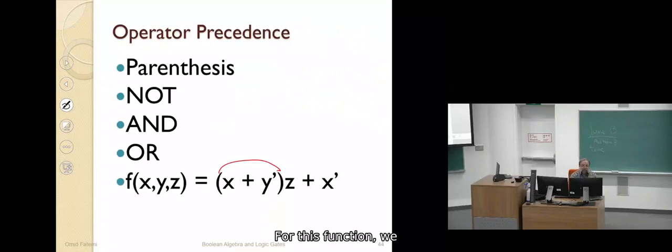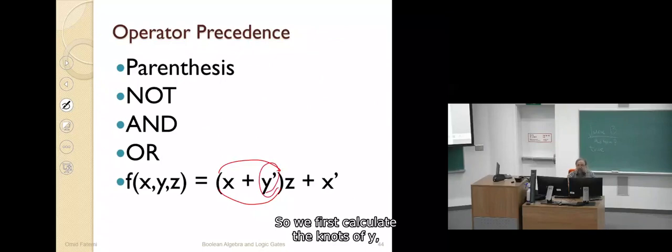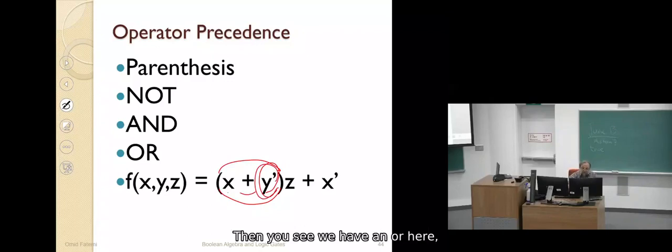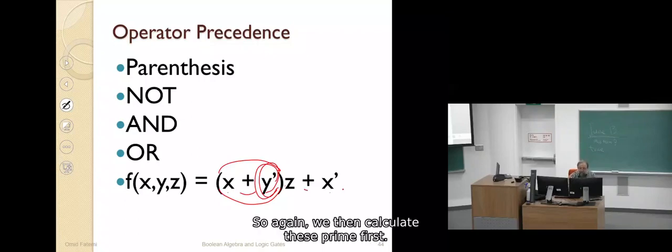Here, for this function, we first calculate the parentheses. Inside the parentheses, we have x plus y prime. So we first calculate the NOT of y, and then the result is ORed with x. So this is the parenthesis. Then you see we have AND here, OR here, prime here. Again, we calculate this prime first.